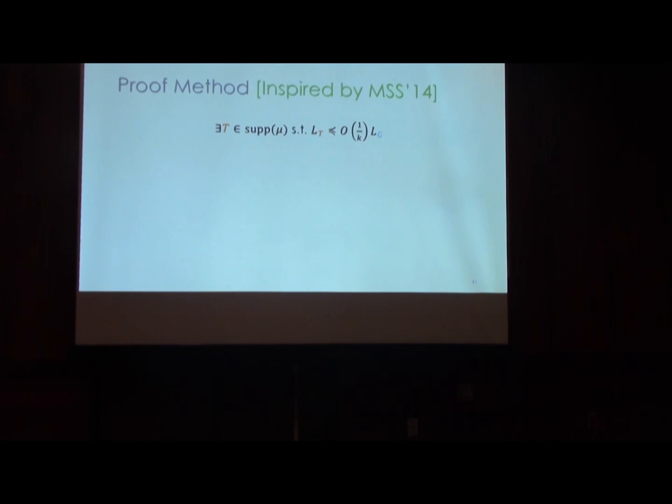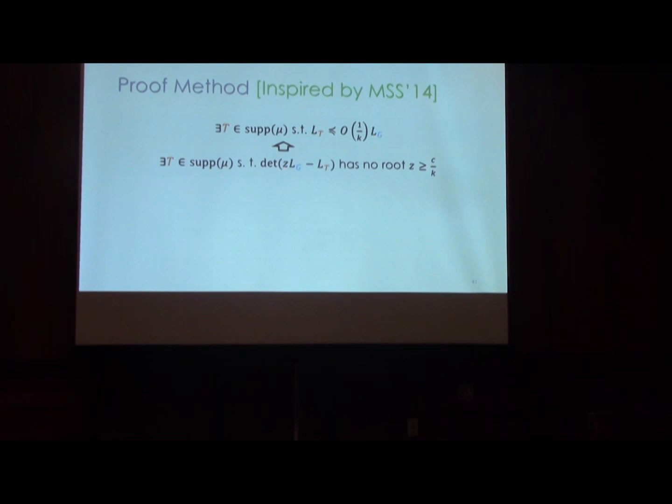Okay. So here is roughly the proof method, and this is heavily inspired by the work of MSS. We want to show that there is a T in the support of our strongly Rayleigh distribution such that the Laplacian of T is bounded by 1 over k times the Laplacian of our graph. I'm switching my notation to the graph notation because I thought it would be more intuitive.